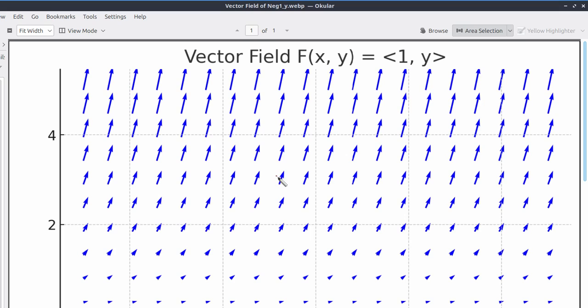That's why you see the vectors getting steeper and steeper, because if you imagine the vector to be the hypotenuse of a right angle triangle, right?